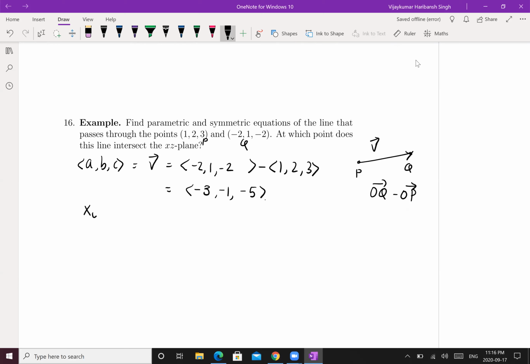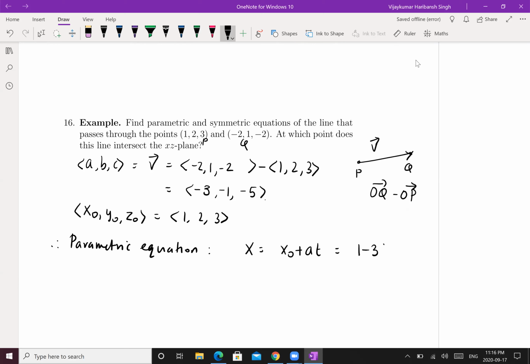And x0, y0, z0 can be taken to be any of these points. Well, let's take 1, 2, and 3. Therefore, the parametric equation is given by x equals x0 plus at, which is 1 minus 3t.